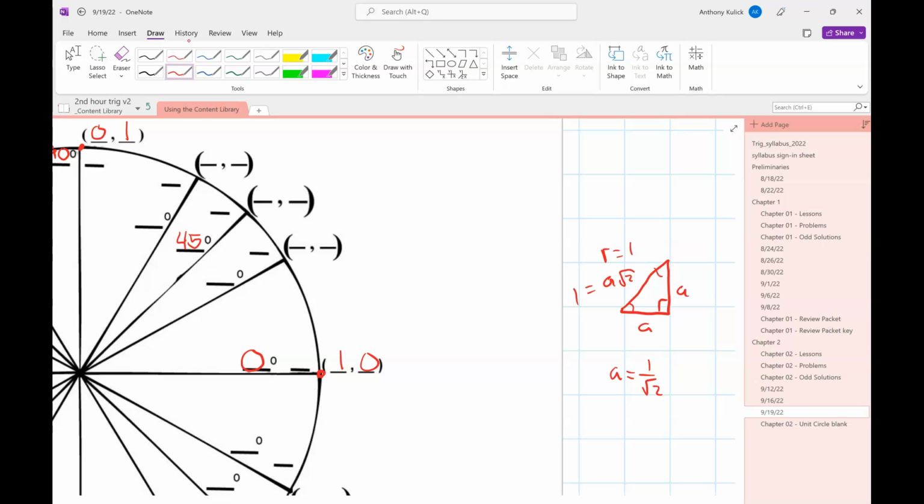Well, just 1 over root 2, right? If I divide both sides by root 2. And since a is 1 over root 2, x is 1 over root 2, and y is 1 over root 2. Everybody's cool with that?